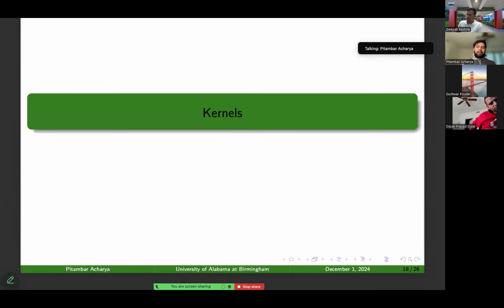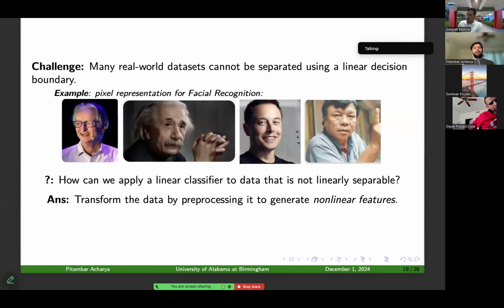Here comes the kernel. That's all about the linear boundary. But many real world data sets cannot be separated using a linear decision boundary. For example, when the data are complicated, like face recognition, a linear decision boundary may not work.